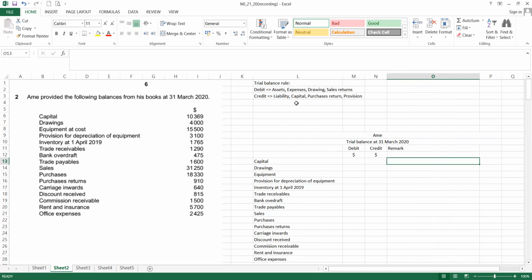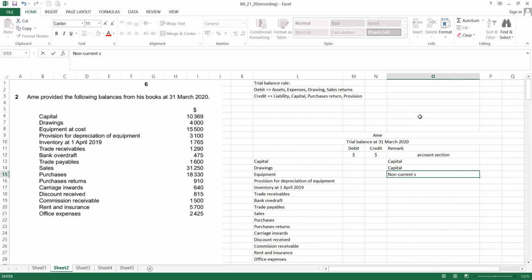Capital is under the capital section. We are talking about the account section here, so that you get a better idea. Capital is under capital section. Drawing is actually under capital section. Equipment is a non-current asset.